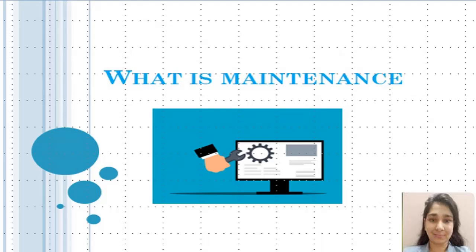But if that error is not solved by the support engineer, and it requires multiple changes in the coding to fix that error, then they can take help of developers, because developers are very technically strong.